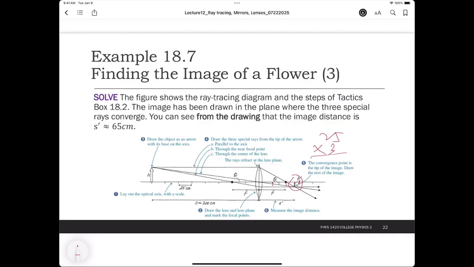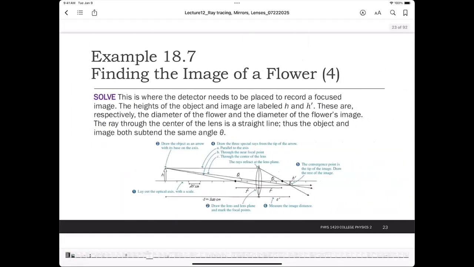It's close to 3 but doesn't reach 3, so it's around 65 centimeters. Does it make sense to you?